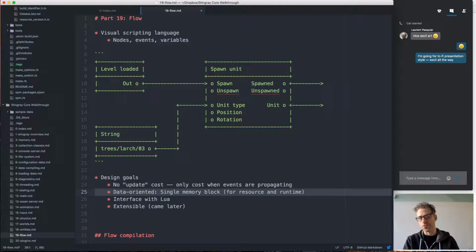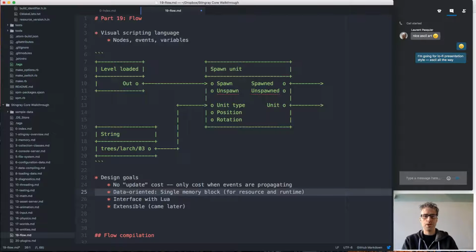Another design goal, also shared by a lot of the code, is to have a data-oriented approach, to not store this in a graph with 1,000 pointers to 1,000 heap allocated nodes, because that will always be super slow to run on modern hardware.